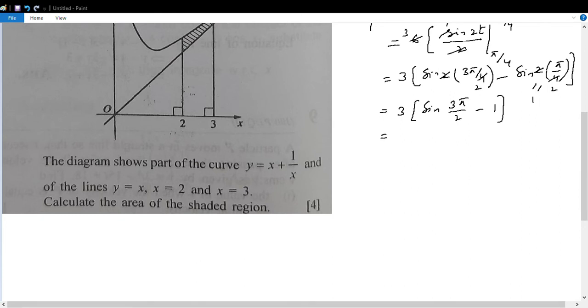It is 3 bracket sine 3 pi over 2 minus 1, bracket closed. Sine 3 pi over 2 is minus 1.